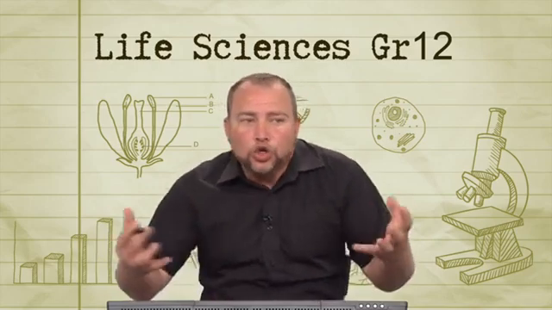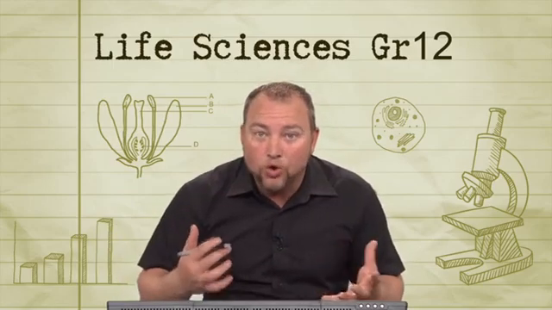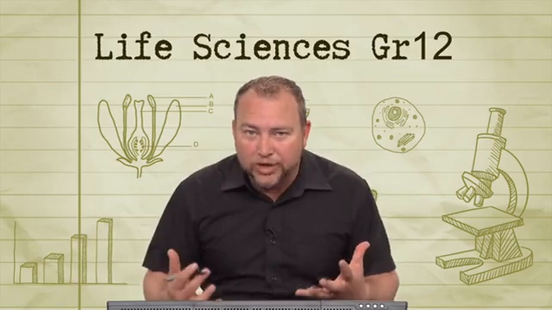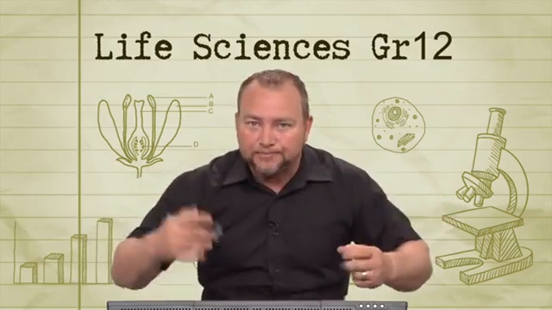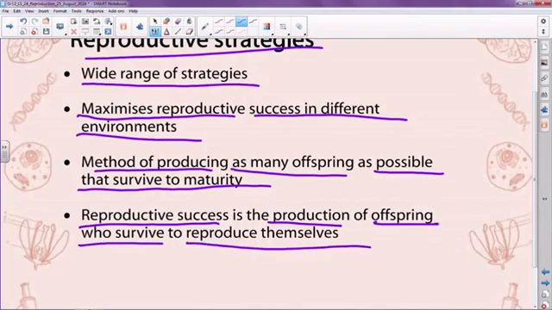For example, do I look after the young for as long as possible so that they can survive for a longer period of time, or do I have a lot more offspring at a time? That's what we're looking at. Then you've got the next one. Reproductive success is the production of offspring who survive to reproduce themselves.